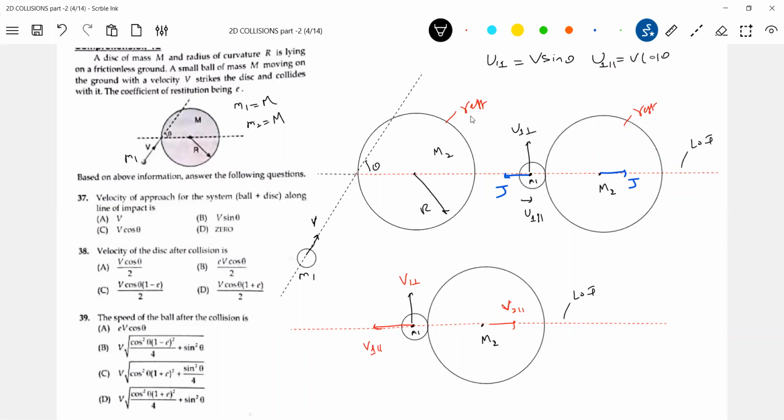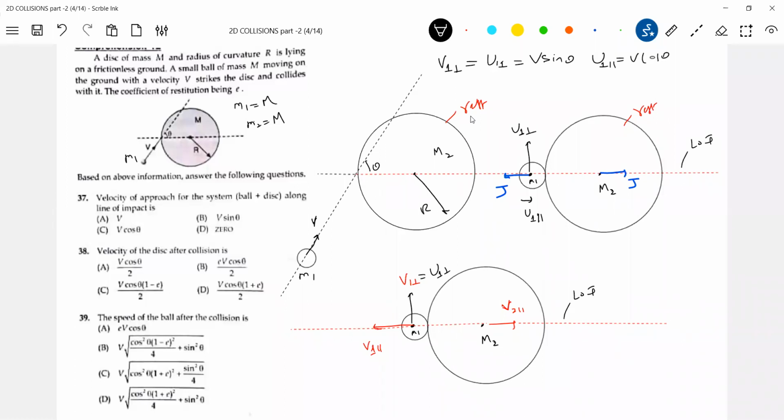And v1 perpendicular should be equal to u1 perpendicular, because the impulse is acting along the line of impact, and the components of velocities directed perpendicular to the line of impact will not change. So v1 perpendicular equals u1 perpendicular.